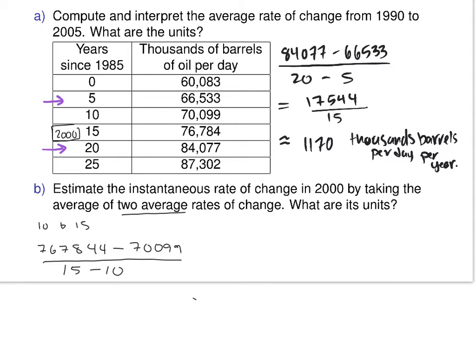I added an extra 4, okay, thank you. Get rid of it. Okay, that ends up being about 6685 over 5. I got 1,337. Did you get the same thing?